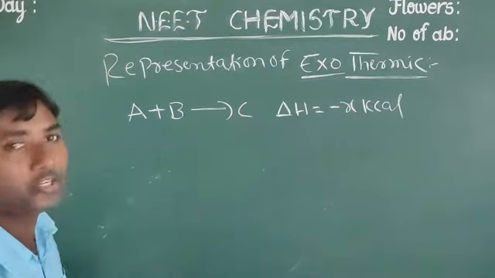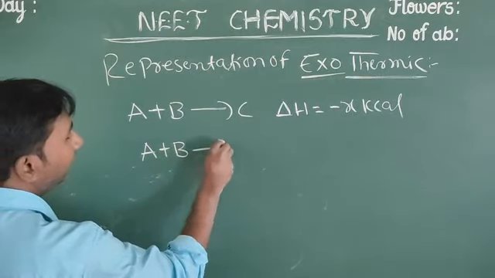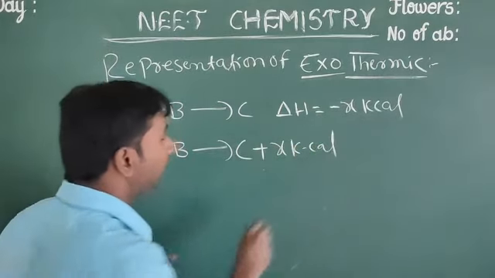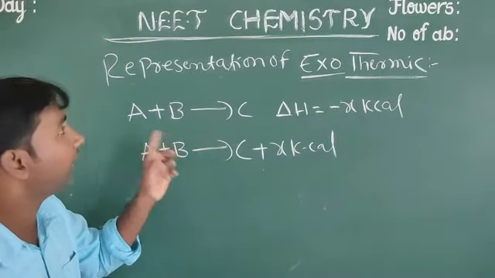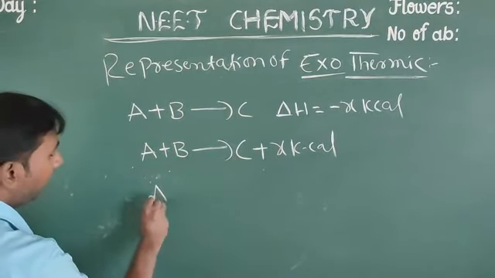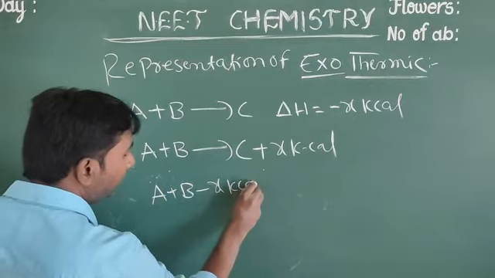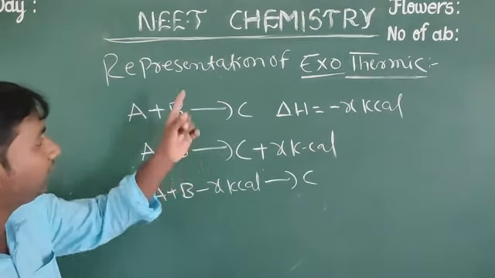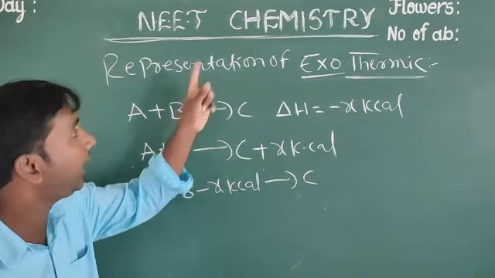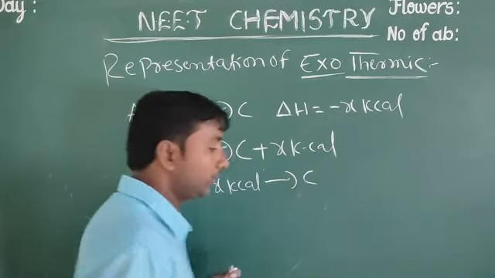This is a representation for exothermic. Next, A plus B gives C plus X kilocalories. This is also a representation for exothermic. Next one, A plus B minus X kilocalories gives C. This is also a representation for exothermic reaction. So these are the representations of exothermic.